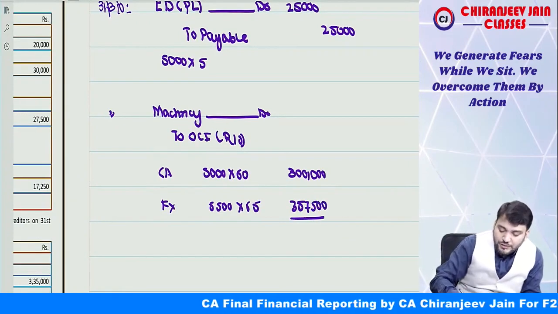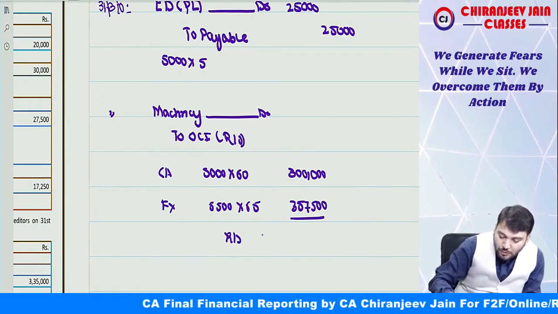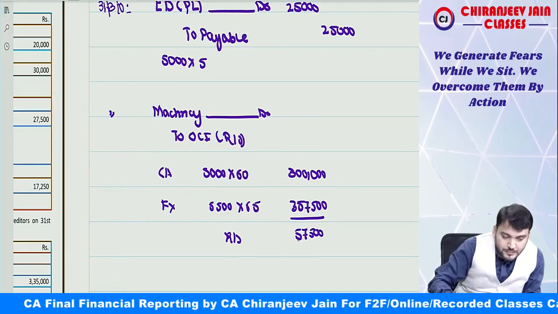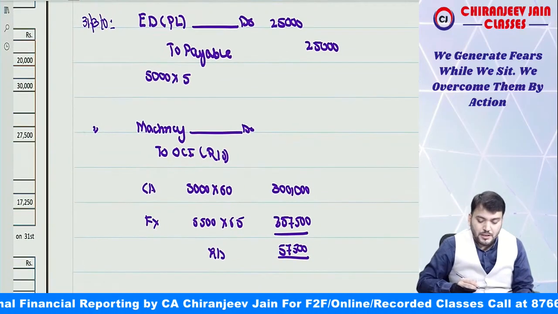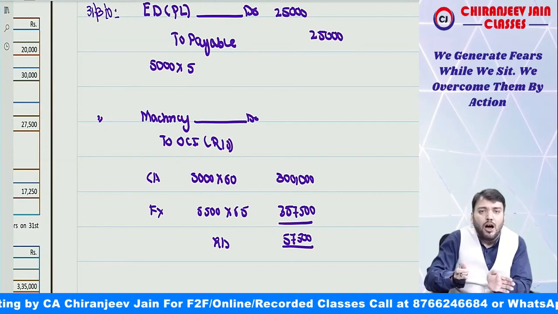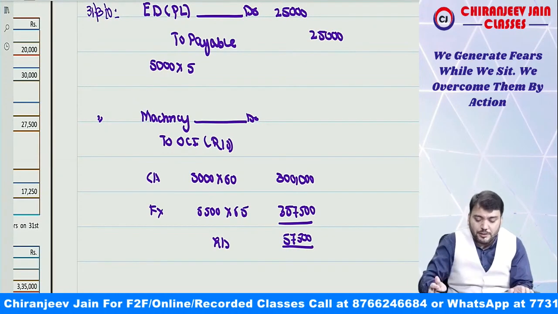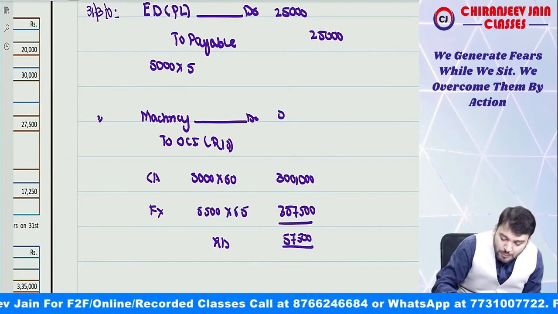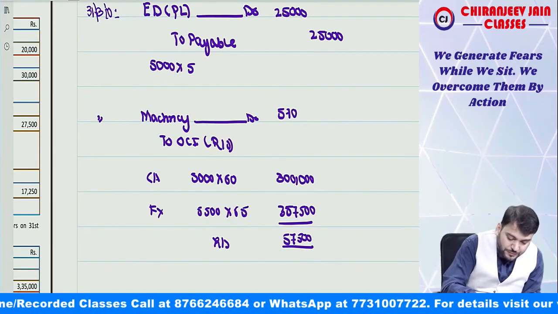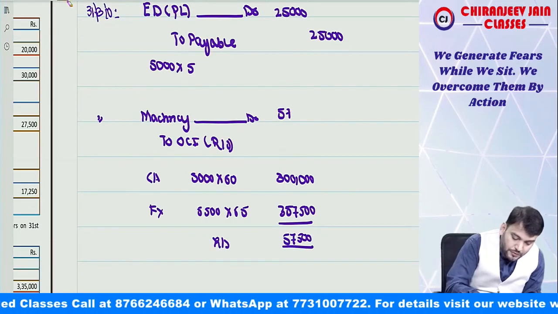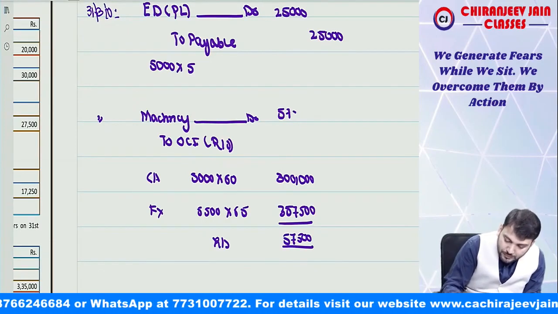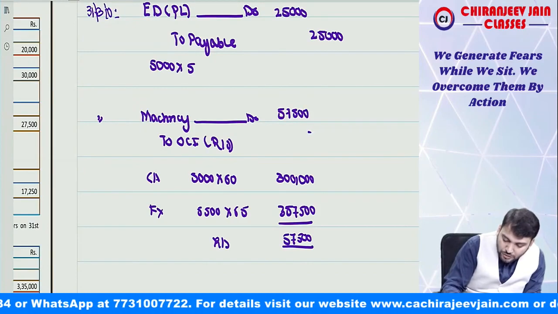So this will be revaluation surplus which will be transferred to OCI, that is 57,500. Understood? So there is no need to bifurcate how much is due to revaluation and how much is due to exchange difference. That is not required. The entire amount will be transferred to revaluation surplus, that is 57,500. Understood this point?